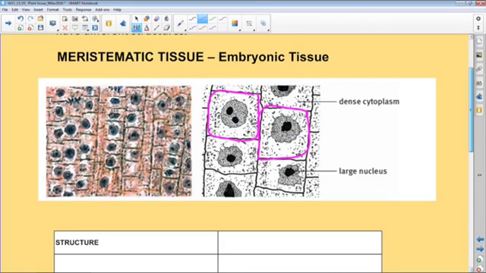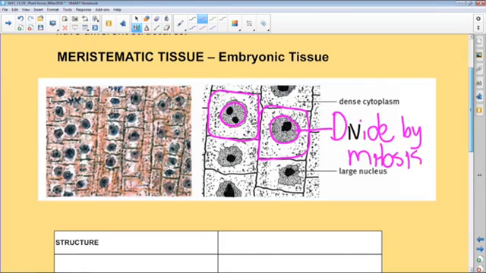What is the most prominent part of the cell? It's the nucleus. Because what does a nucleus do? It divides by mitosis. And when it divides by mitosis, what is the most important part of mitosis? Is the division of the nucleus.